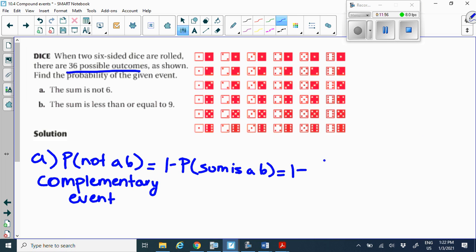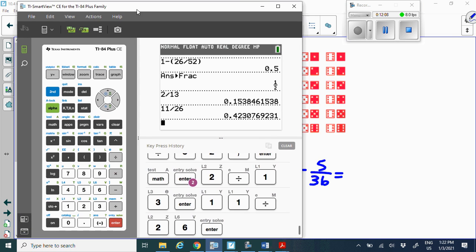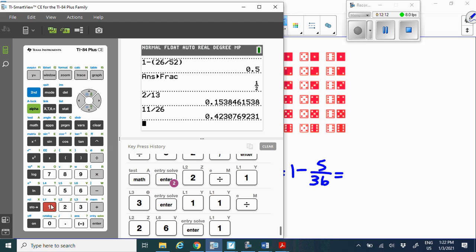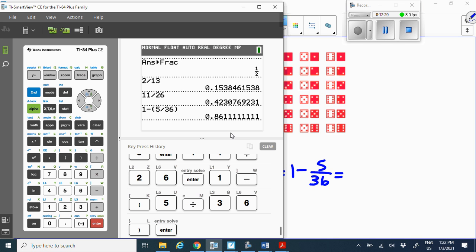Now remember, there are 36 possible outcomes. So that number is going to go in the denominator. So we go ahead and plug this into our calculator. We can either write this as a fraction or as a decimal. It's kind of up to you because they don't show or tell you what you need to do exactly. So as a decimal, we get this.